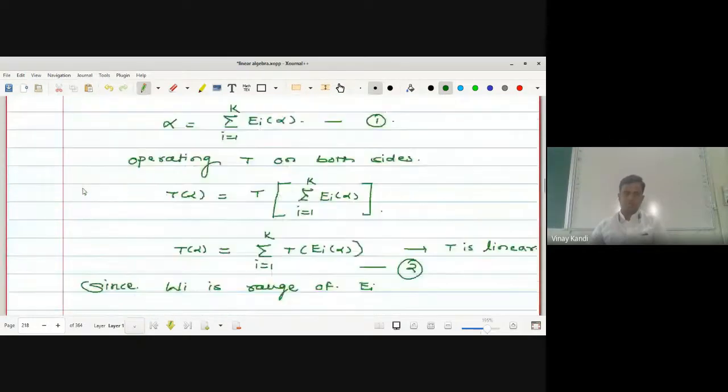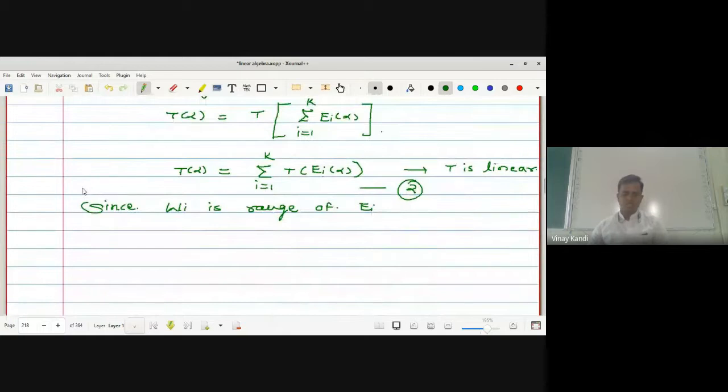So Wi is the range of Ei. That means Ei of alpha belongs to Wi, for i running from 1, 2, and so on up to k.